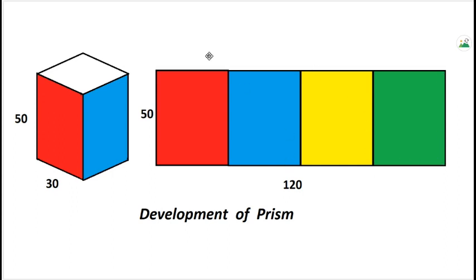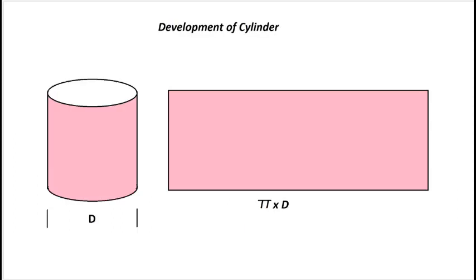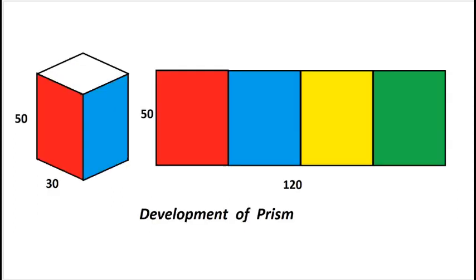So here if you take one sheet or paper and fold it according to these lines, and try to wind it around, it will completely be wound around this square prism. So it will cover the lateral surface of this square prism. Okay, so this is the development of a prism.